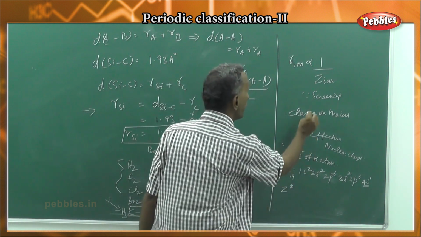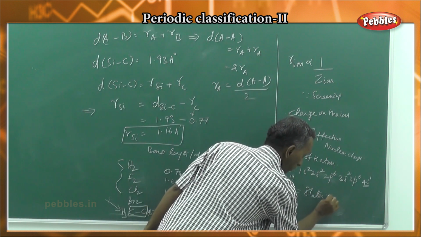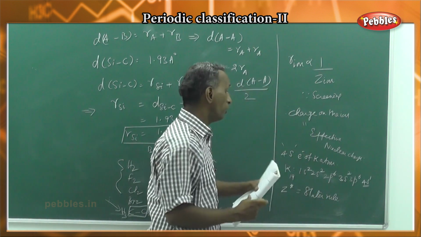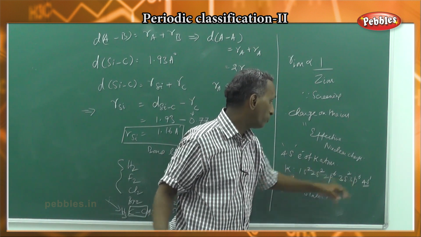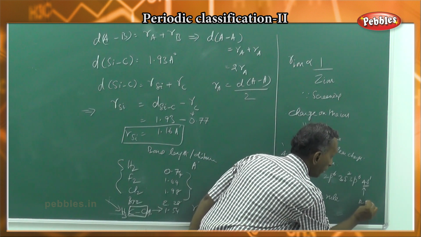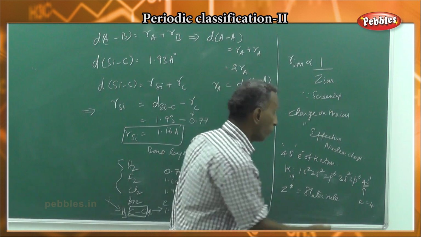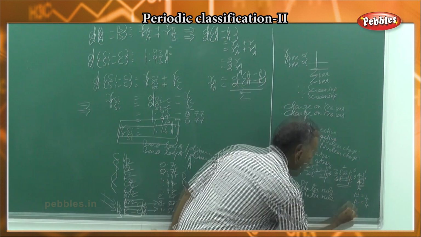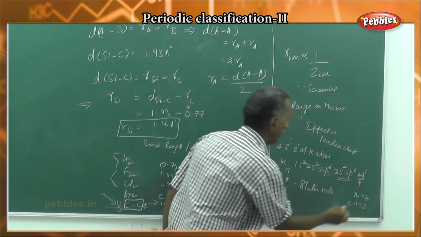To find the effective nuclear charge, we have to apply the Slater rules. So we have to segregate the electrons: 4s electron, 3s electron, 3p electron. The 4s electron is of interest. For the electron of interest, n equals 4. Inner electrons are n minus 1, equal to 3.